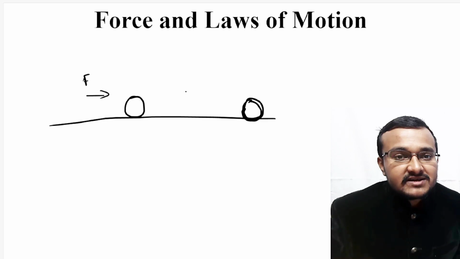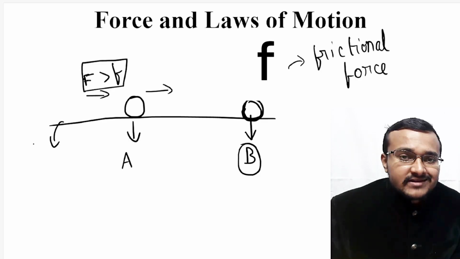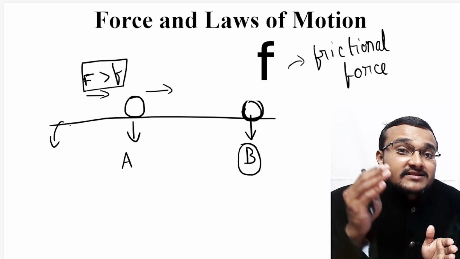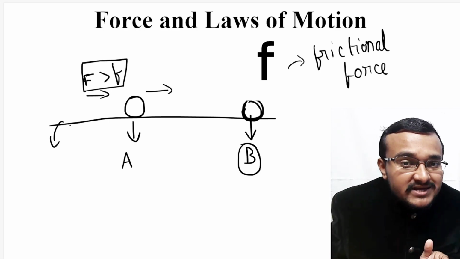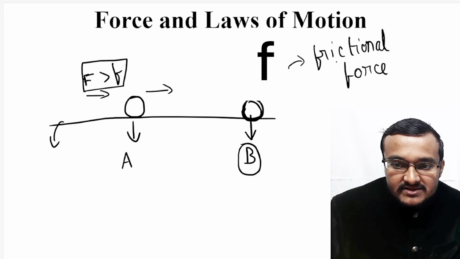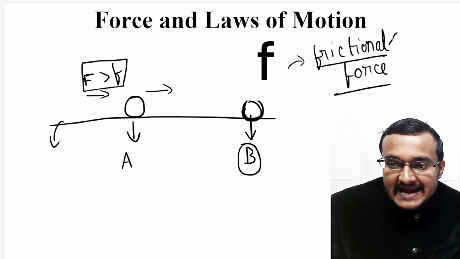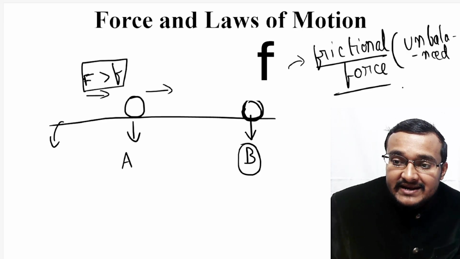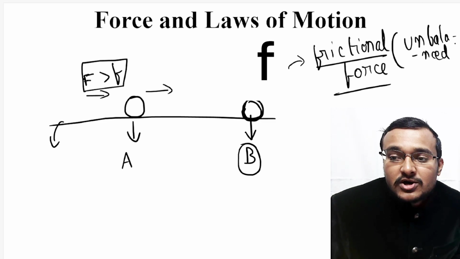Then this object comes to rest. That means on this surface which has friction, the frictional force by the surface is acting as the unbalanced force for this applied force, and hence this object is coming to rest.